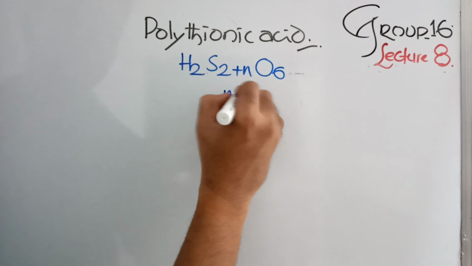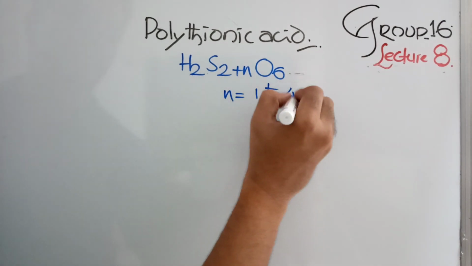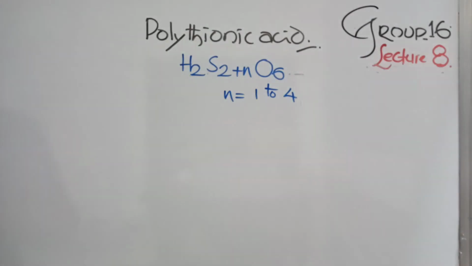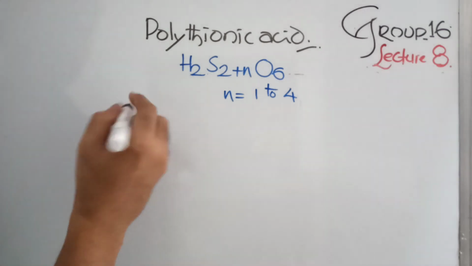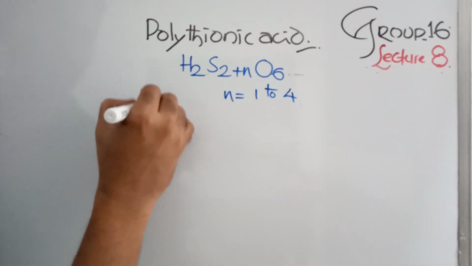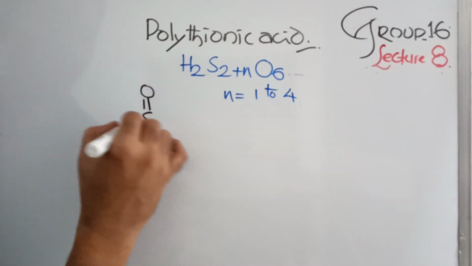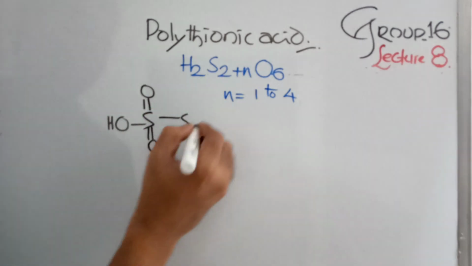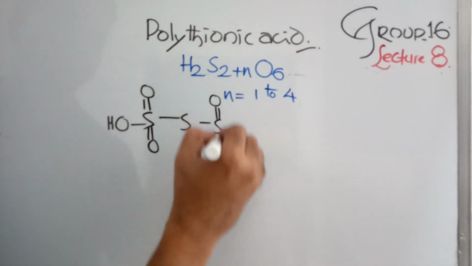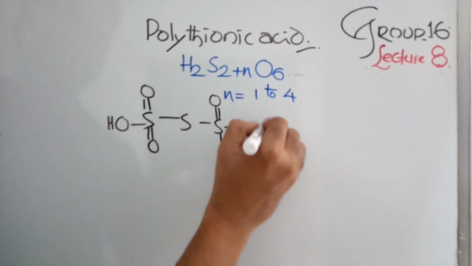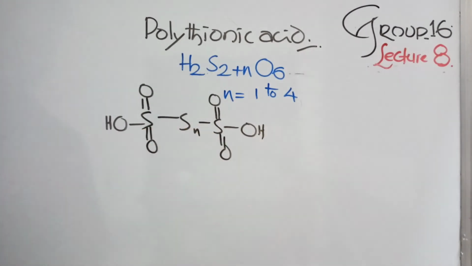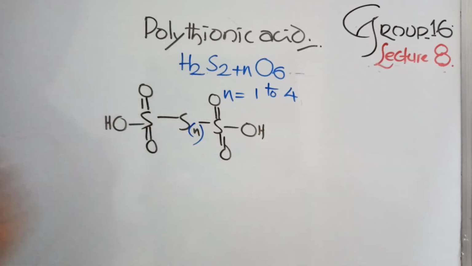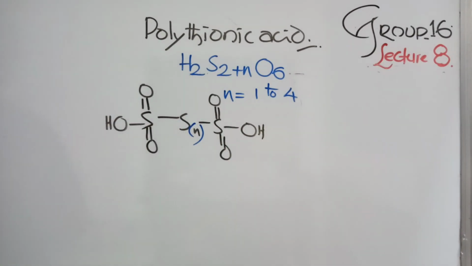This n value may be 1 to 4. Okay, 1 to 4 means you see the structure will be like this. S double bond O, OH. This I am writing Sn. Don't think that this n is 10. This is n number. That may be 1, 2, 3, or 4.